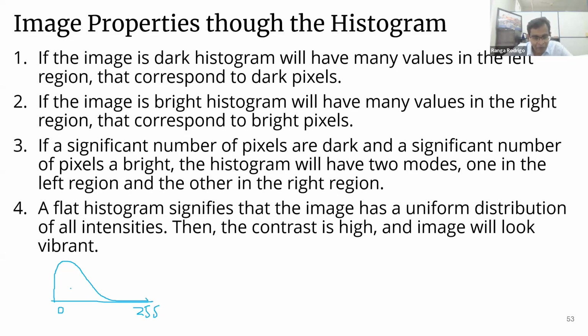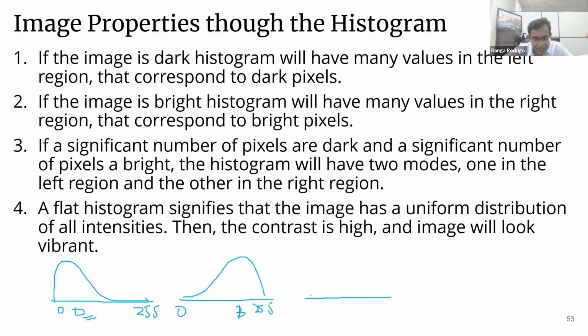Almost all the pixels are in the dark regions, right? So this is a dark image. Now let's take the histogram like this. So this is 255, 0. All the pixels are generally in the bright areas. So therefore, this is a bright image.